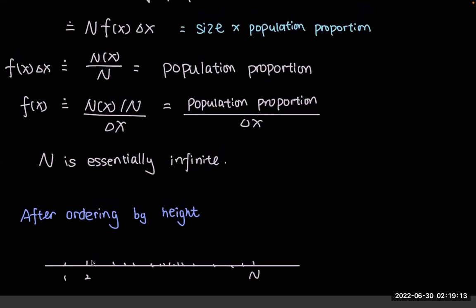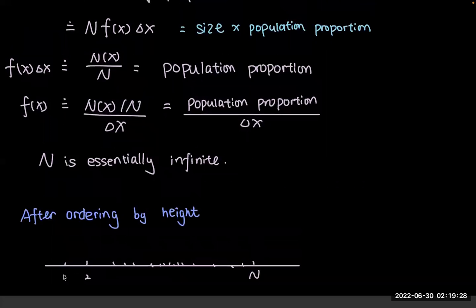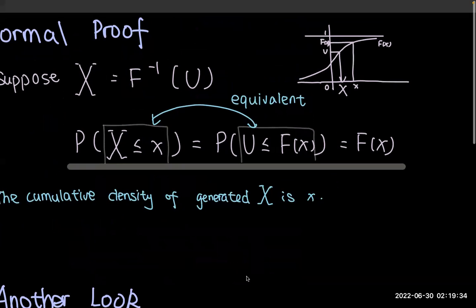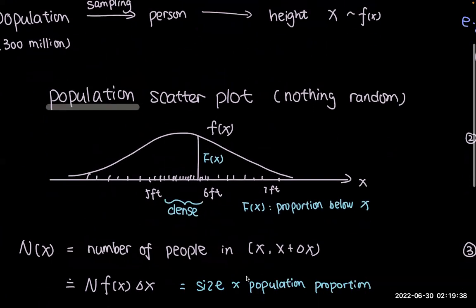So now you see we number all the people in the population, all the 300 million people, according to their height. And then how do you randomly sample a person? You just randomly sample a number uniformly from 1, 2, up to n. You have n numbers, and you randomly sample a person from 1, 2, until n.